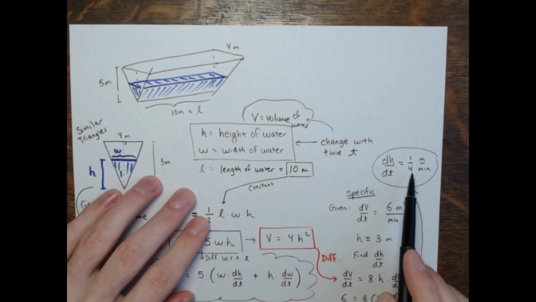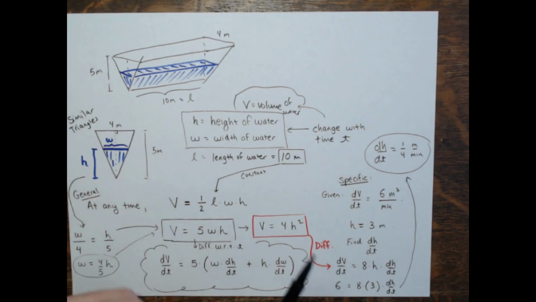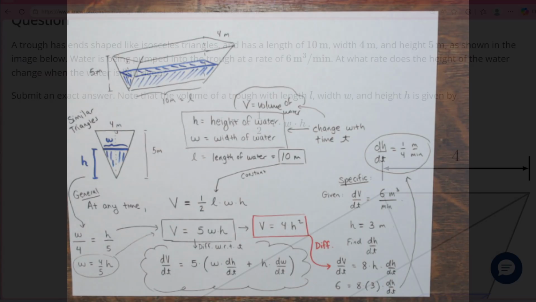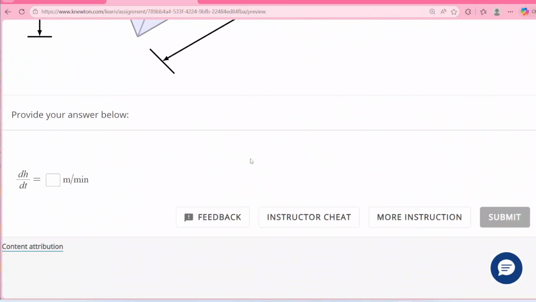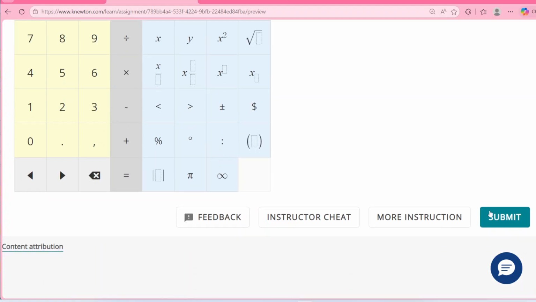But yeah, so that's what they want. The rate at which the height of the water is changing is 1/4 at that moment. So you see they have the meters per minute already there. So I'm just putting 1/4, which is just 0.25. I can put 0.25 exactly. That's the same exact value as 1/4.